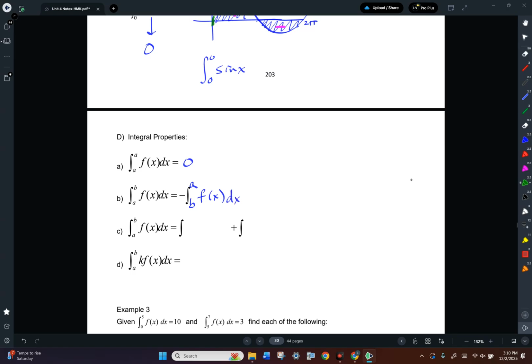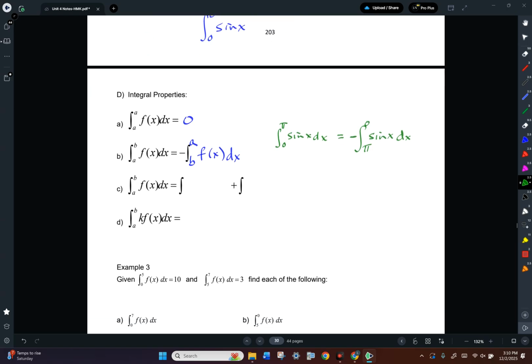For example, I could say the integral from 0 to pi of sine of x is equivalent to the negative of the integral from pi to 0. The standard way we would write it is to always go from low to high. But if you somehow end up with an integral where you have the high number on the bottom and the low number on the top, you can always switch those if you put a negative out in front. Just some little notation things that you can do.